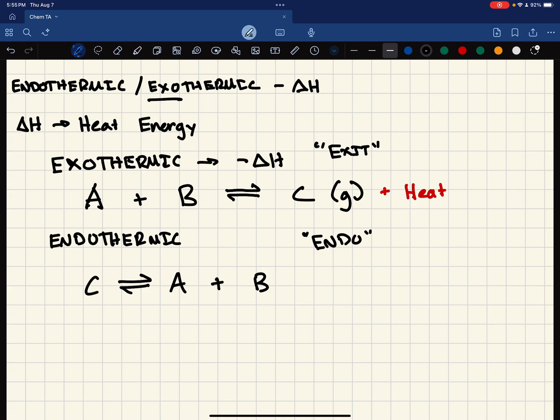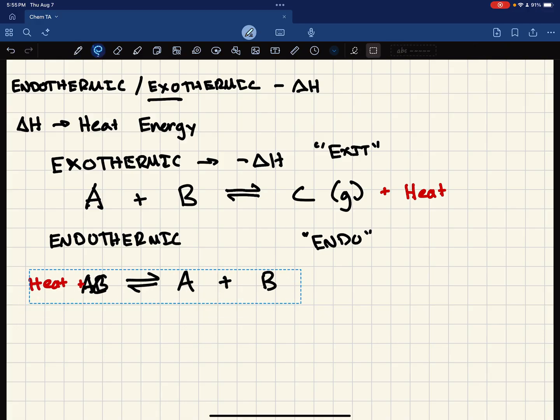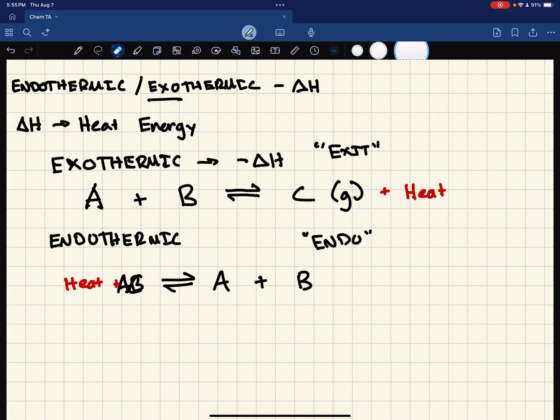Since heat is over here, you're inputting heat into the reaction, and it's causing it to go forward, right? So in this case, energy is being input in the reaction. It technically causes you to gain energy.